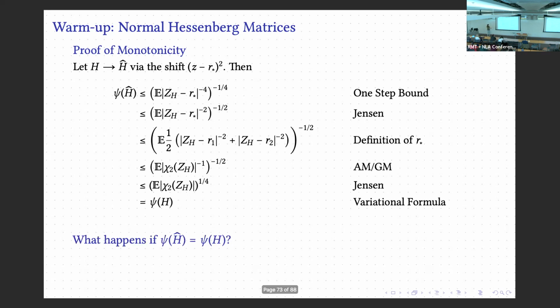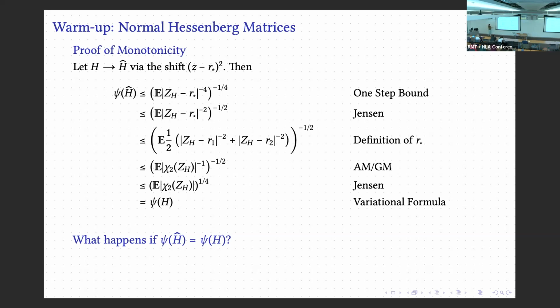It could be that these things are equal, that the potential actually stays the same. And the important thing here is that if this happens, you get to learn a lot of information about the structure of the matrix. And in particular, you learn some things about where the eigenvalues are. So remember this ZH here is supported on the eigenvalues.